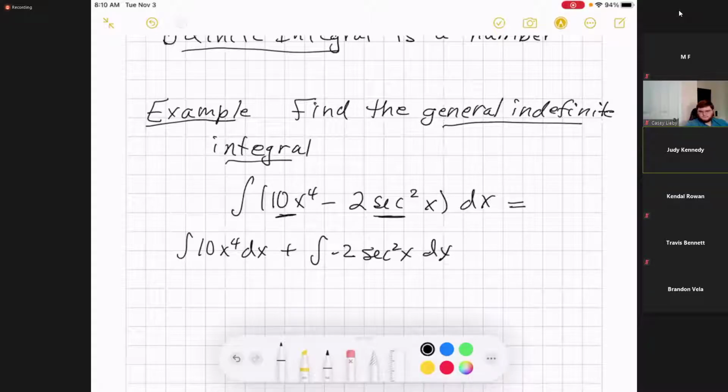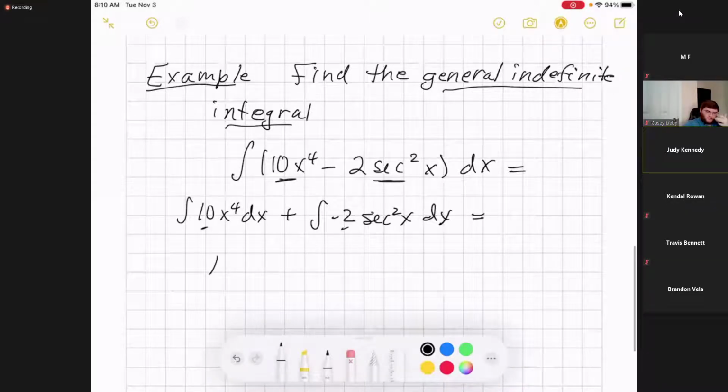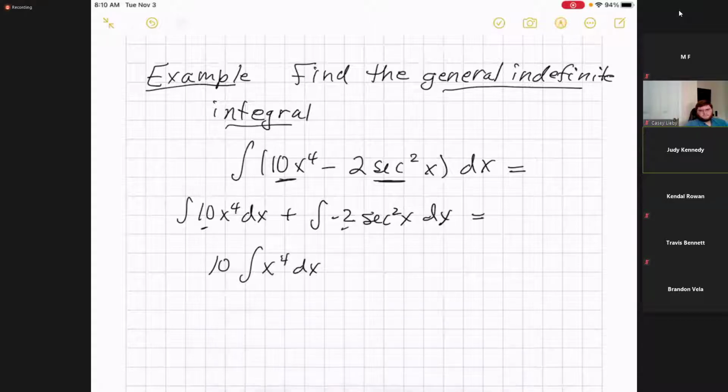That's property 2. And then we can use property 1. That's a property that says if I've got a constant multiplied by a function inside the integral, I can just pull the constant out. So I can pull the 10 out and I can pull the minus 2 out. So this is going to be 10 times the antiderivative of x to the 4th dx minus 2 times the integral of secant squared dx.